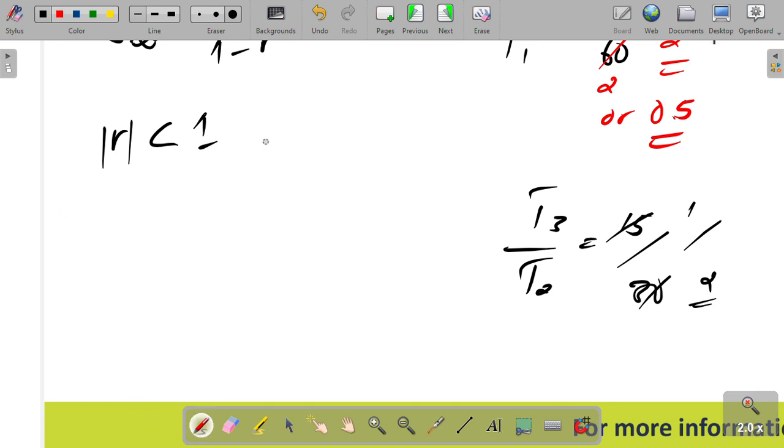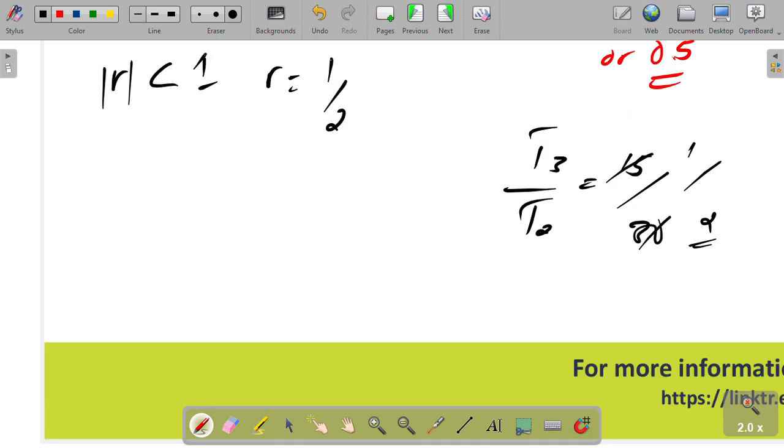Okay, we know our R is 1 over 2. So S is equal to 60 over 1 minus 1 over 2.